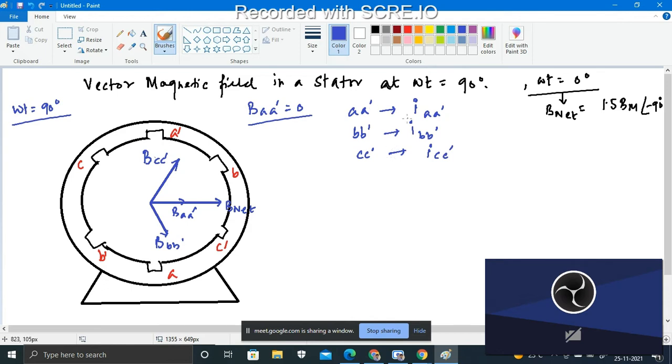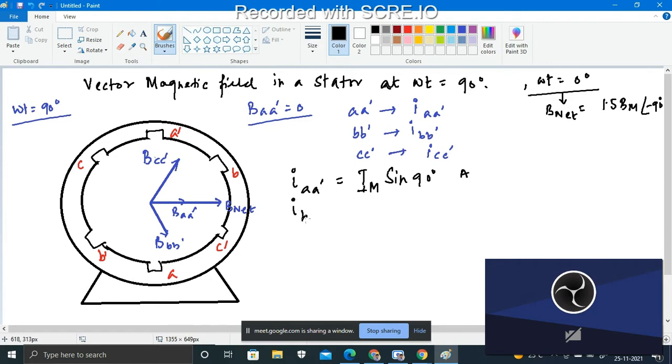What will be the values of these currents? I of A dash, in the same loop, lies at 90 degrees, so the magnetizing current Im sine of 90 degrees, in ampere units.